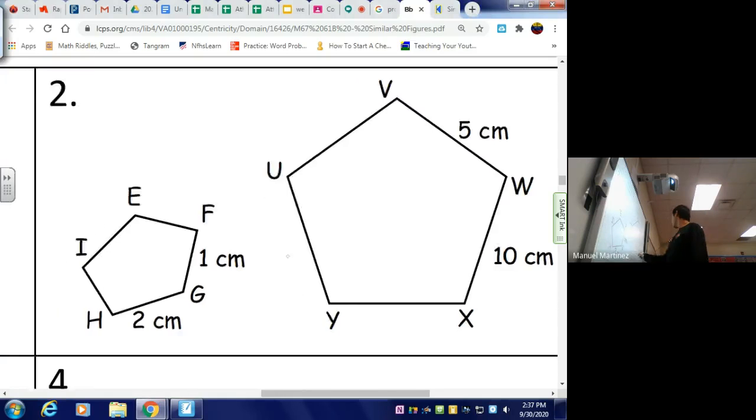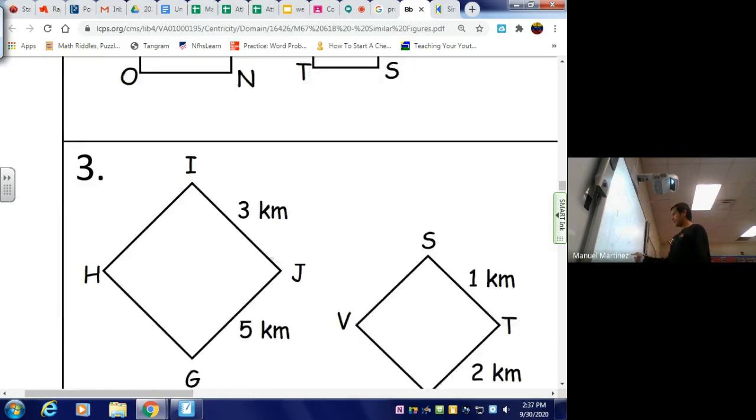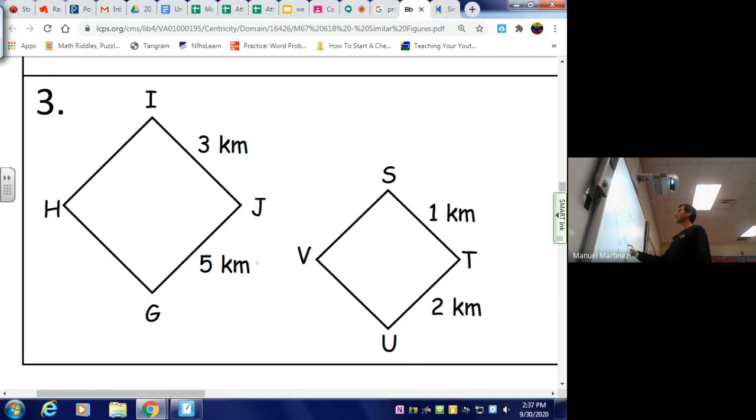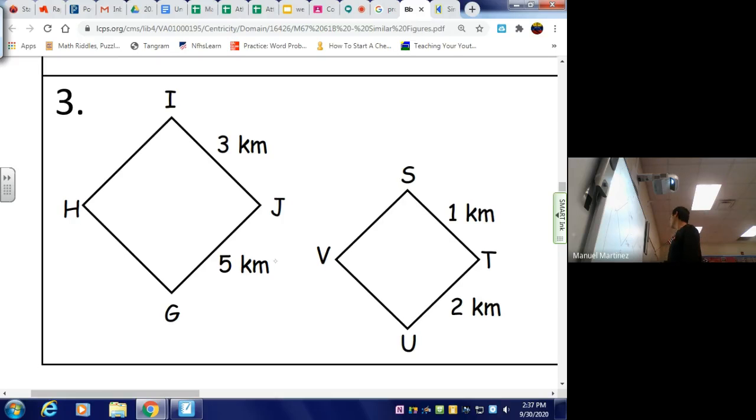Okay. Next problem is this. Okay, this problem. We have to verify if those two figures are similar. And while you sketch it, I'm gonna go ahead and tell you that the angles here are the same.